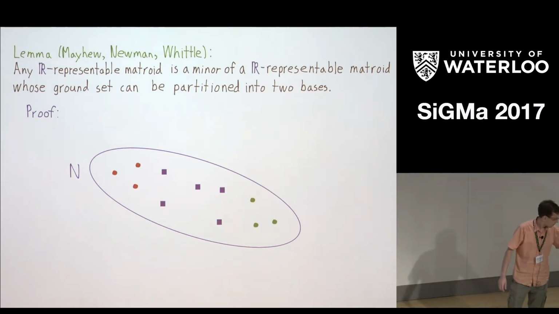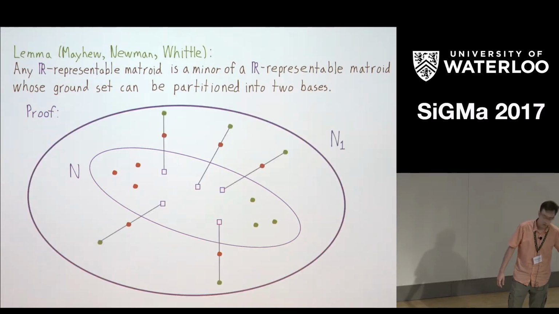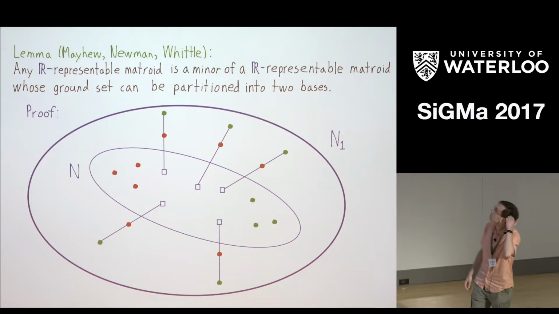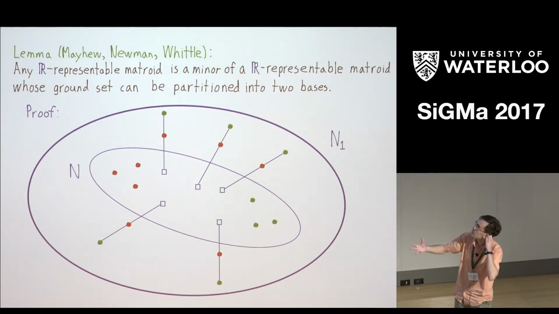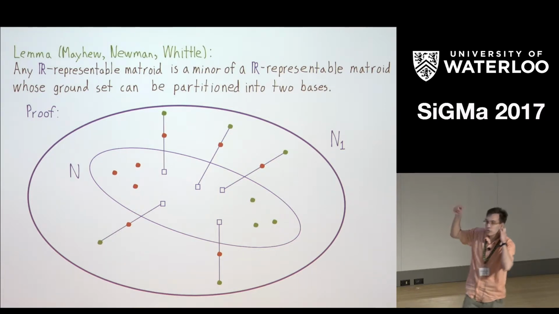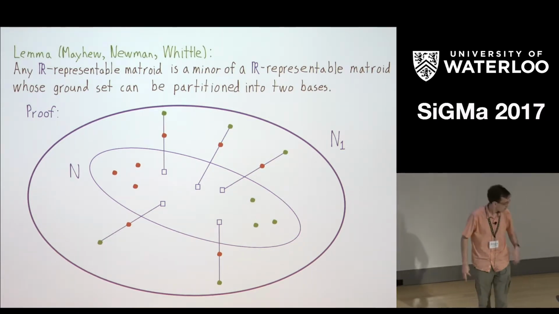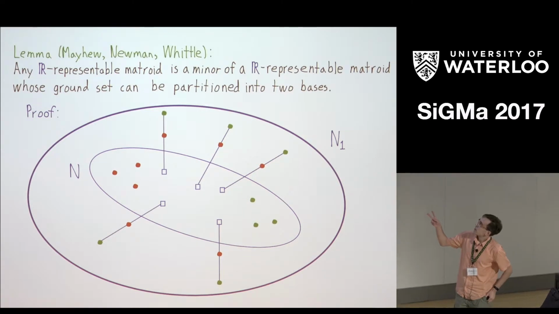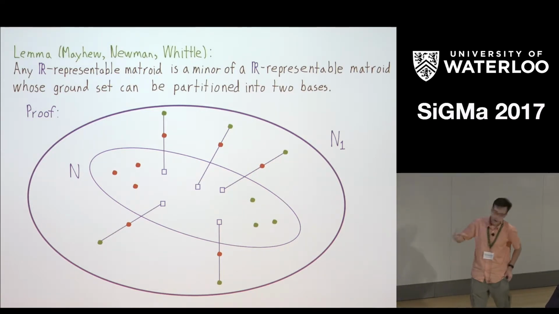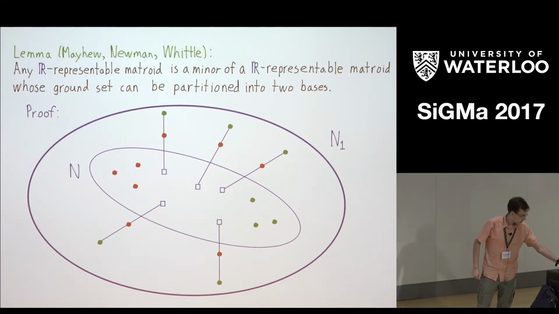Then for all the original points in the matroid, we replace each with a series pair. This gives us a new matroid N1. N1 contains N as a minor because we can contract one of each of the elements in a series pair and delete all the other points we've added in our two new bases. And this has the obvious partition into red and green as the two bases of N1.